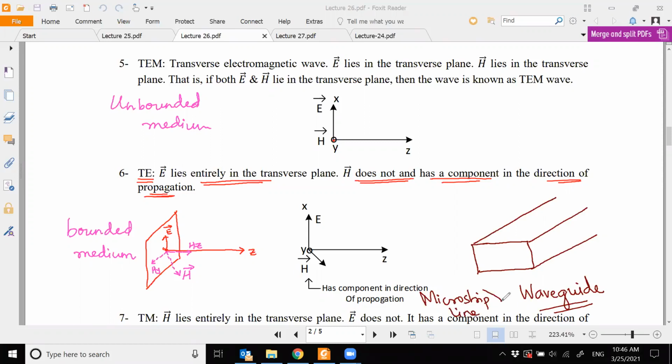These are all allowing electromagnetic waves to travel, but they are bounded. They are bounding the electromagnetic waves. Means the electromagnetic waves cannot go out from here, up and down. It should only propagate along this direction, which is the direction of propagation.